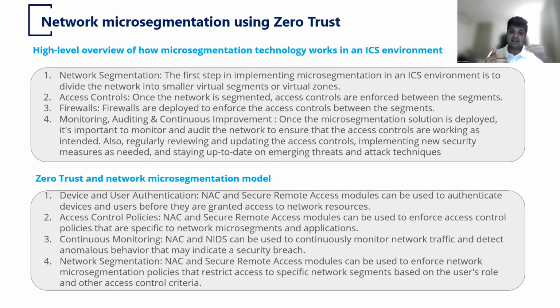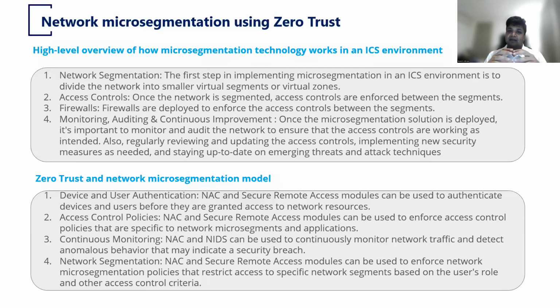So you can have the NAC working really well with the security intrusion detection solution for continuous monitoring of network traffic. And it can detect anomalous behavior. It can detect deviation from baselines which are already set as part of the secure remote access or the vulnerability management module. And these baselines can be used to detect any anomalous behavior, or any change in access behavior.